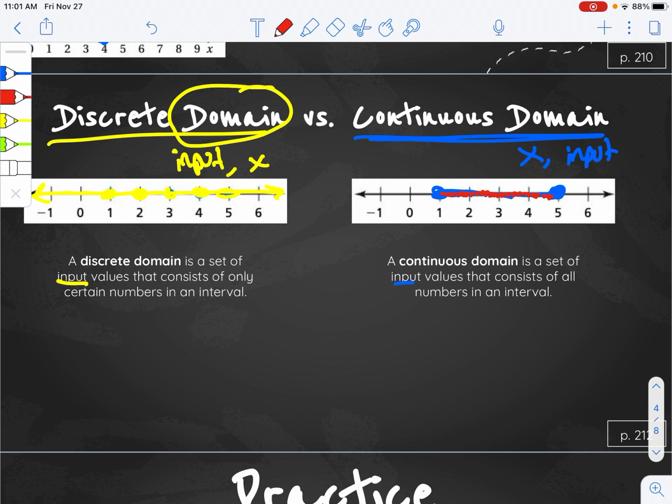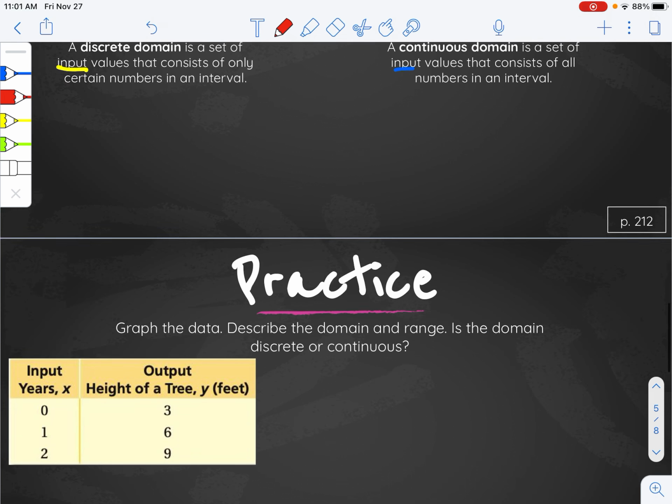Just being a little bit more specific, a discrete domain is countable or locked in, it's only these values. A continuous domain could be any number of values. It keeps going, but it's still set from 1 to 5, with a bunch of numbers in between.